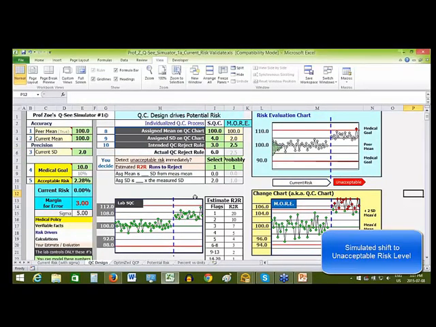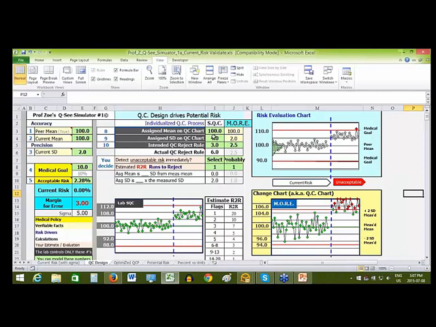What the lab did with their QC, they doubled the SD on the QC chart, and they're never going to see a QC flag. Never. So will this detect change? No. Runs to reject? Good grief, it could be 20.